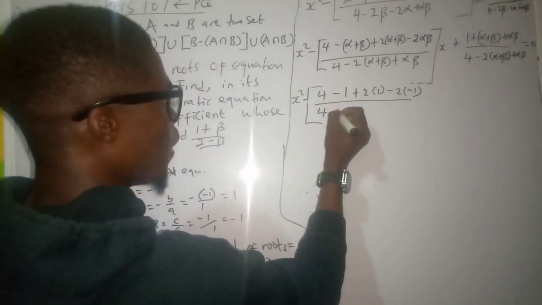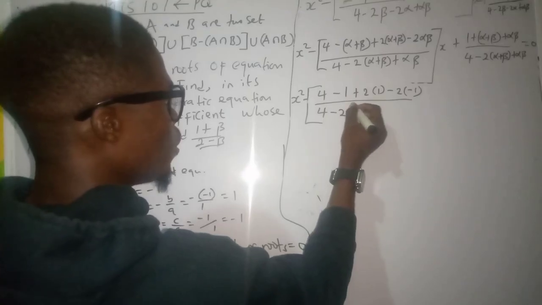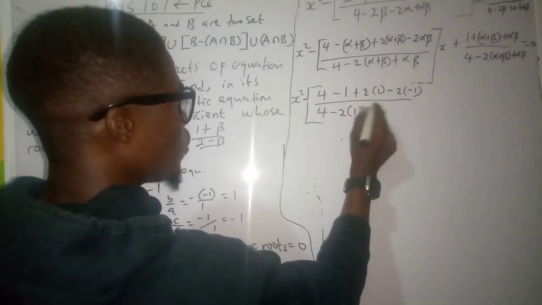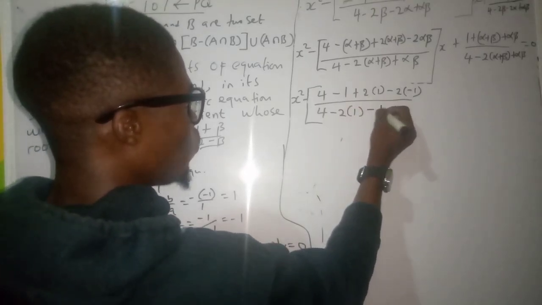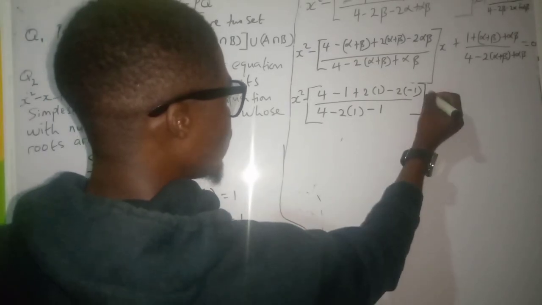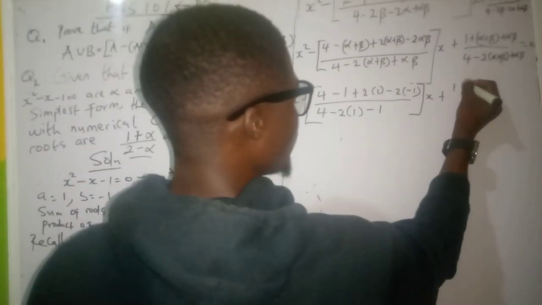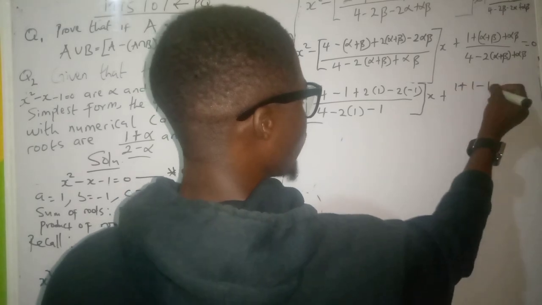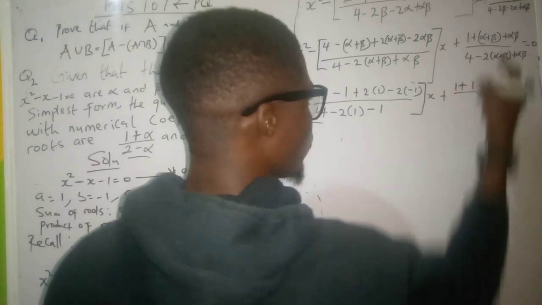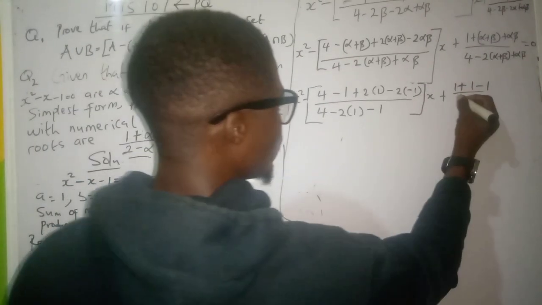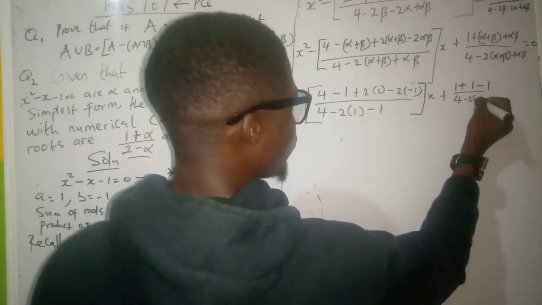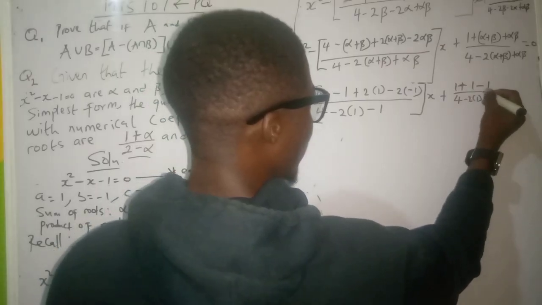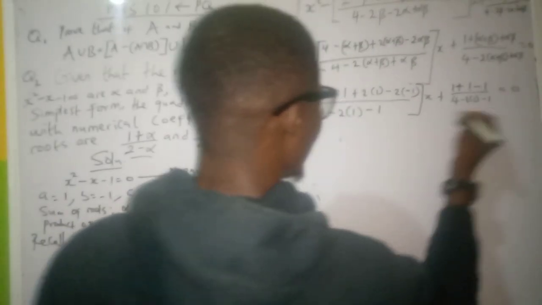Then 4 minus 2 into 1, plus and minus is minus 1. This x plus 1 plus 1, then minus 1 plus and minus is 1, because the sum of roots is minus 1. So 4 minus 2 into 1 minus 1 equals 0.